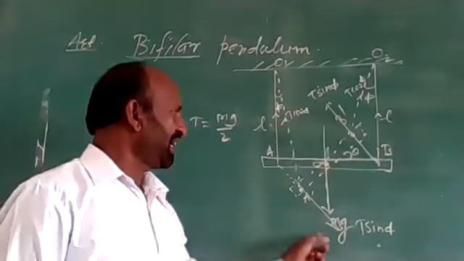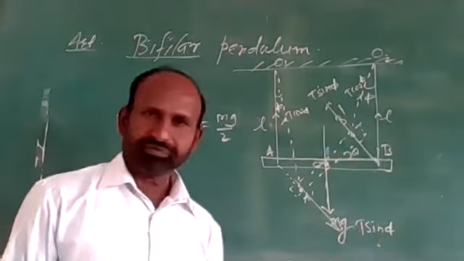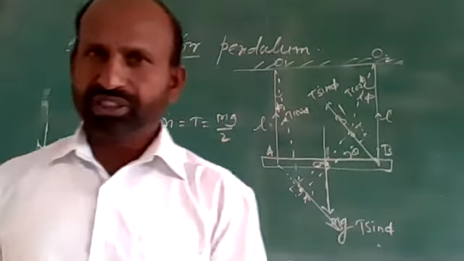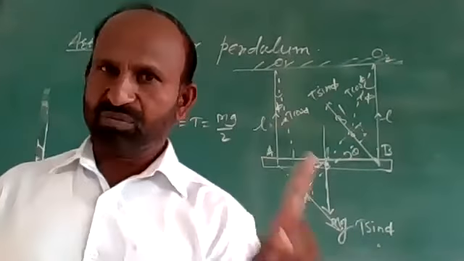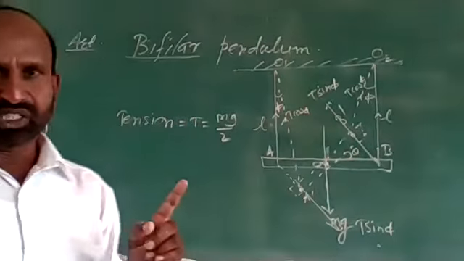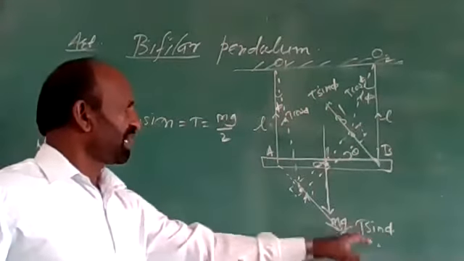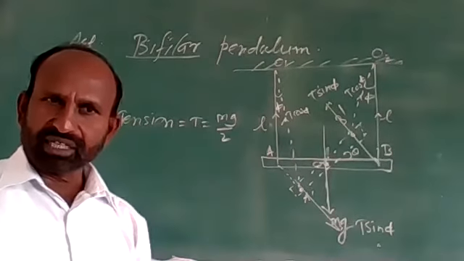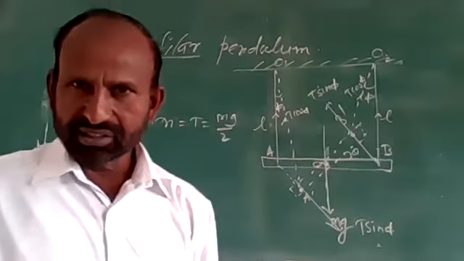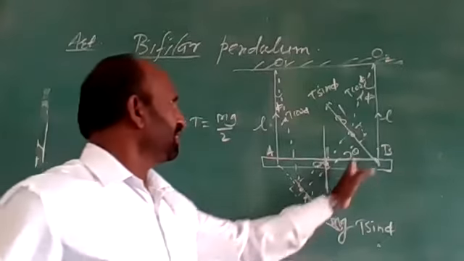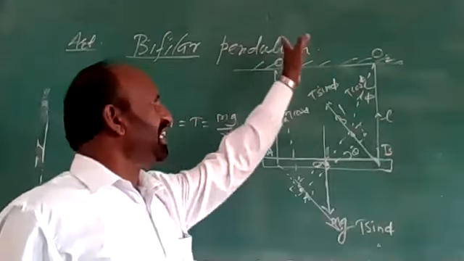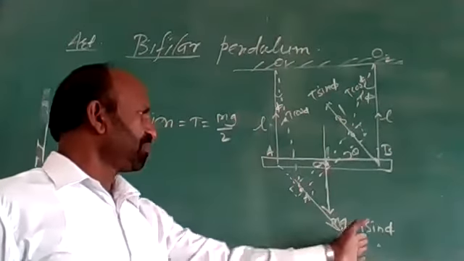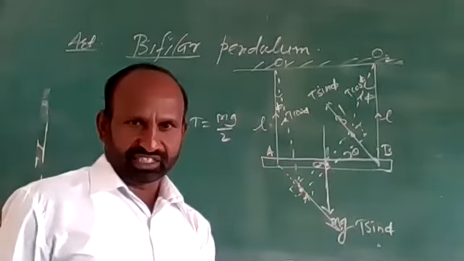Now these two T sin phi components act on the bar in equal and opposite directions. This T sin phi is along the B dash direction, and this T sin phi is along the A dash direction.